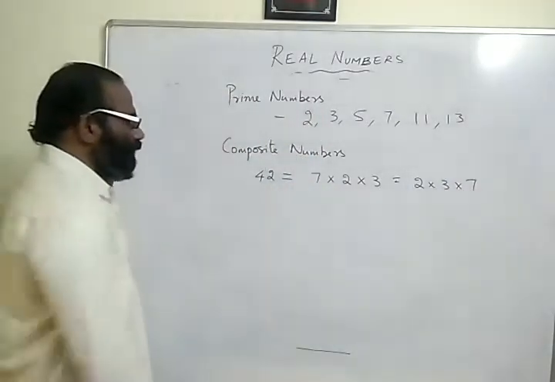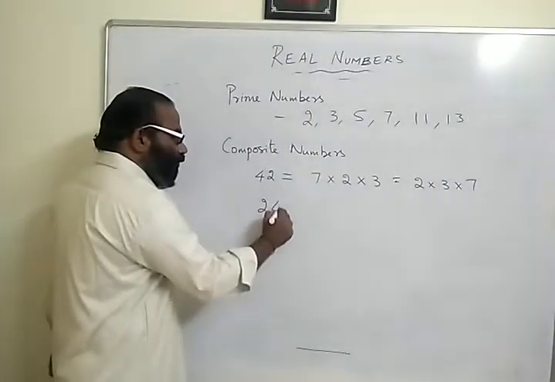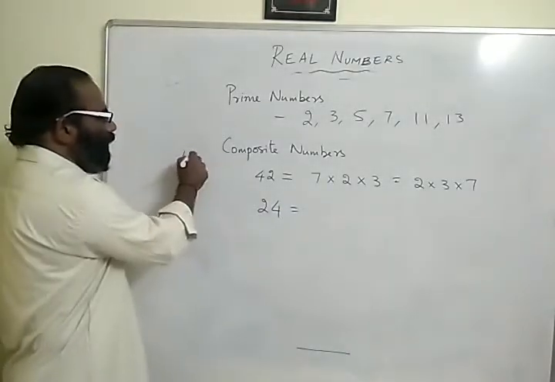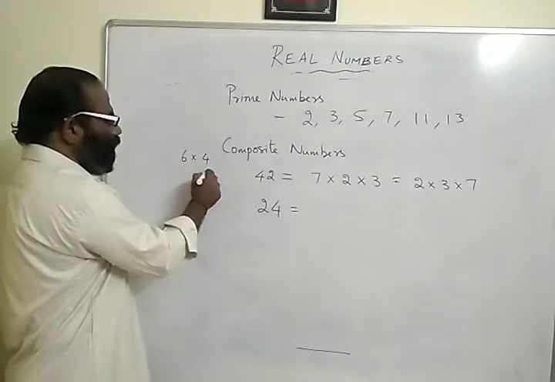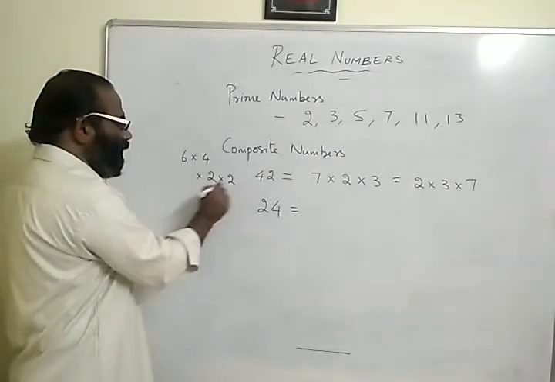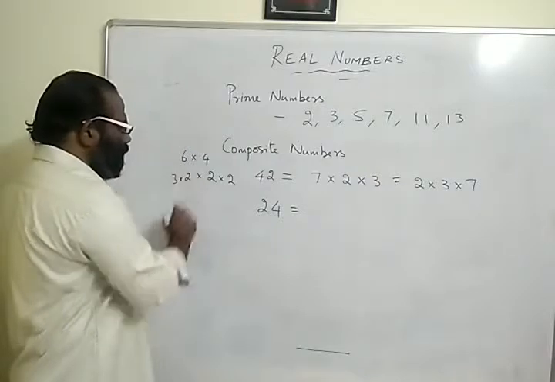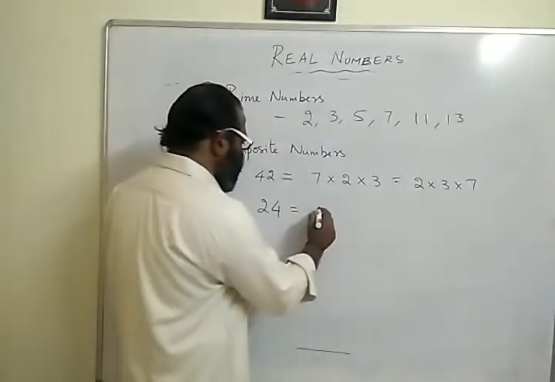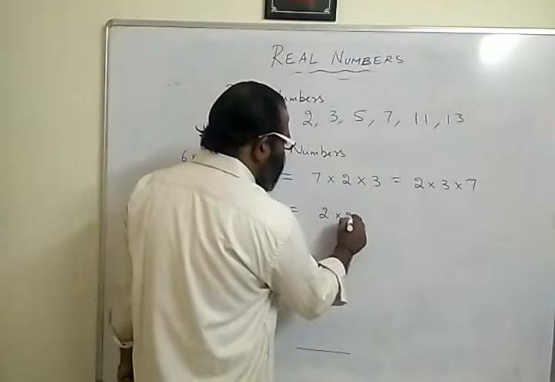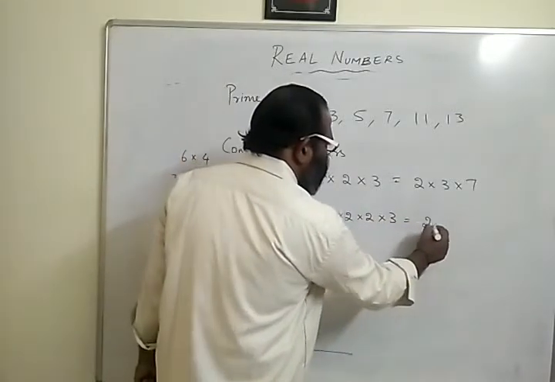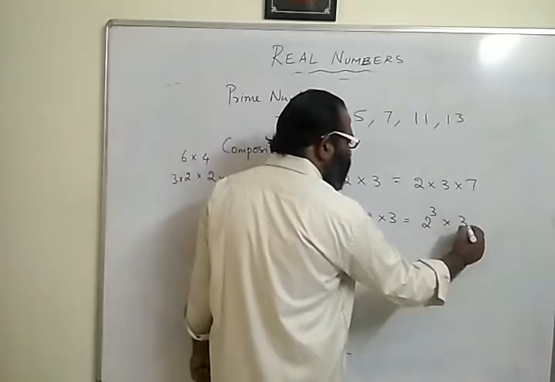Suppose I have 24. 24 is nothing but 6 into 4. 4 can be further broken down as 2 into 2 and 6 is 3 into 2. So I can write it as 2 into 2 into 2 into 3, or as 2 cube into 3.